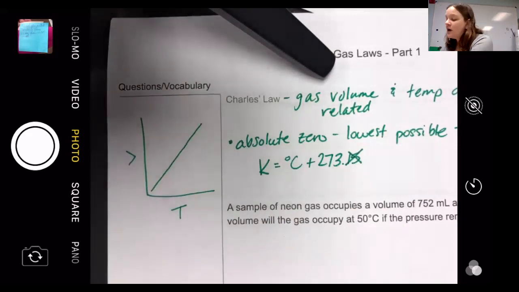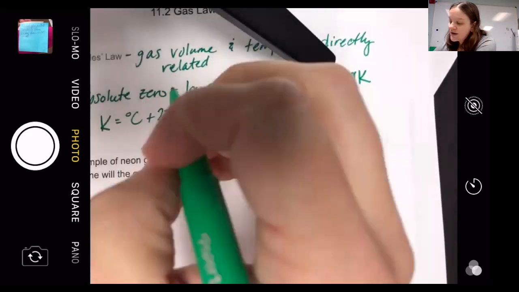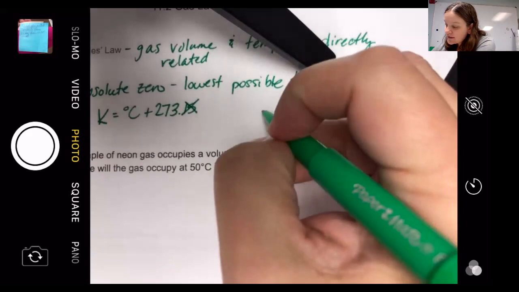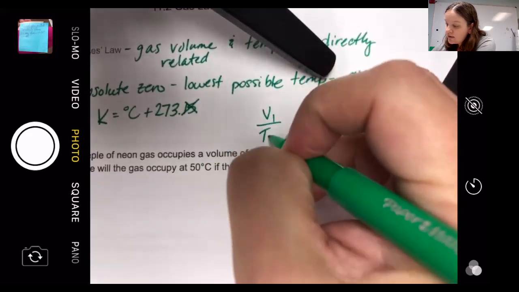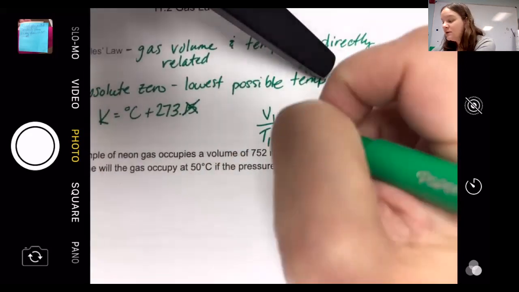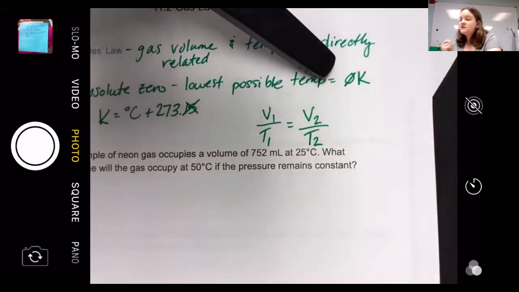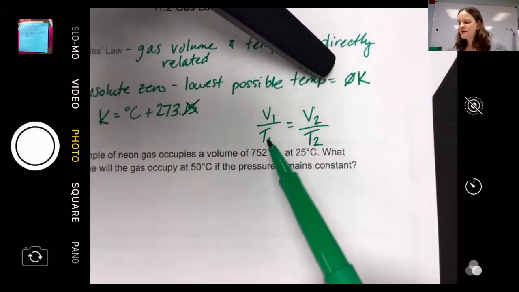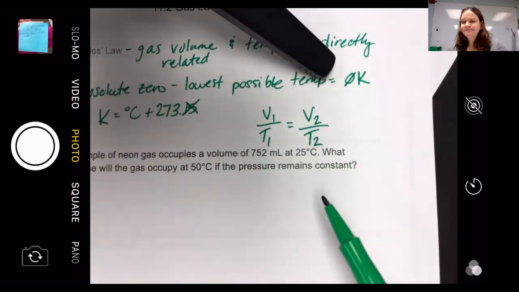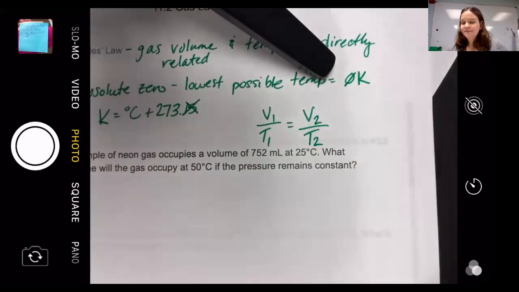The law mathematically, or as an equation, says V1 over T1 is equal to V2 over T2. So this time we're dividing. So don't let that mess you up. Really, it's still pretty easy because you can cross multiply and divide for whatever you're solving for.